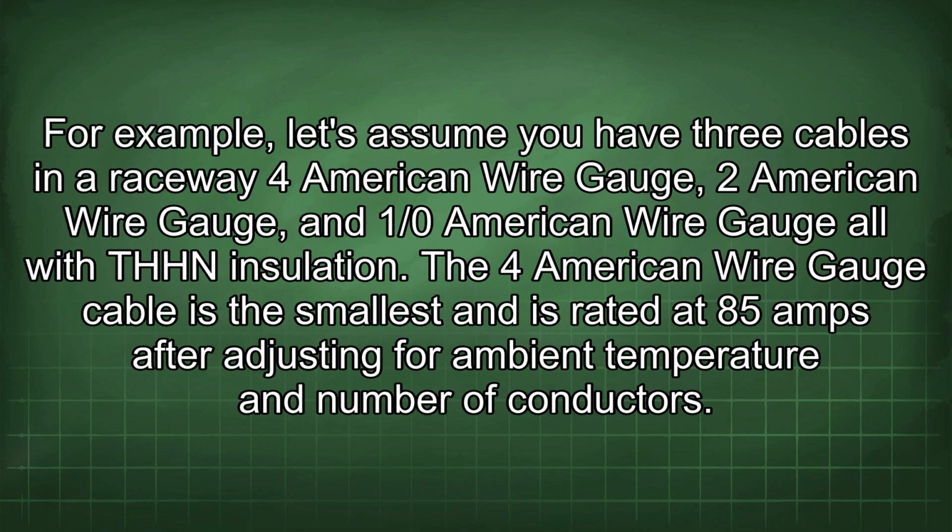For example, let's assume you have 3 cables in a raceway: 4 American wire gauge, 2 American wire gauge, and 1/0 American wire gauge, all with THHN insulation. The 4 American wire gauge cable is the smallest and is rated at 85 amps after adjusting for ambient temperature and number of conductors.